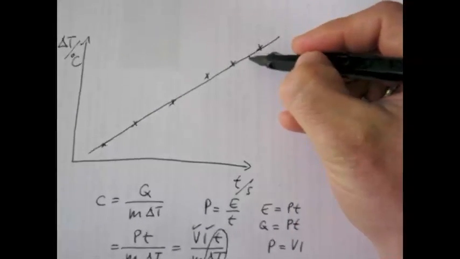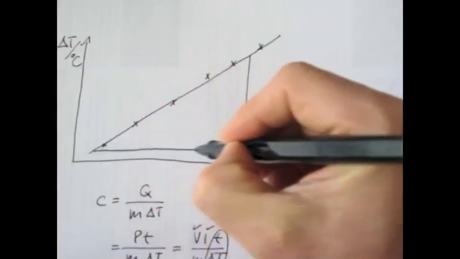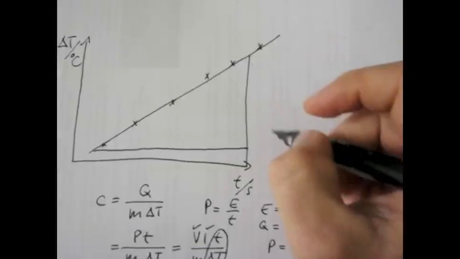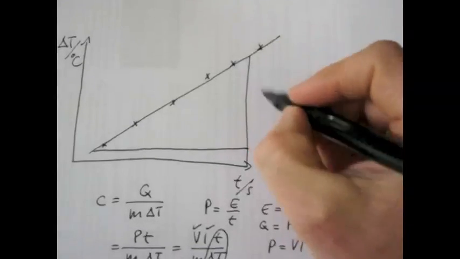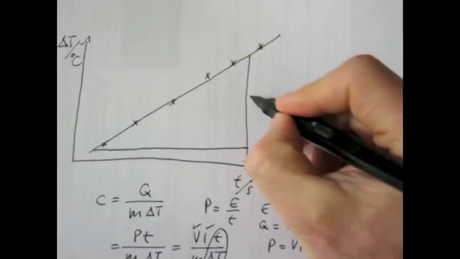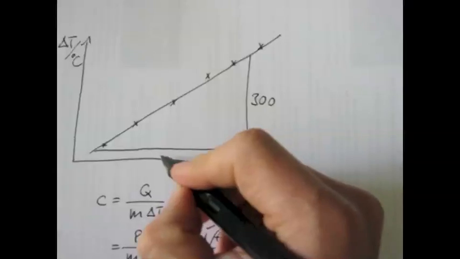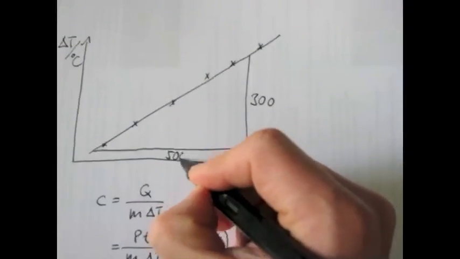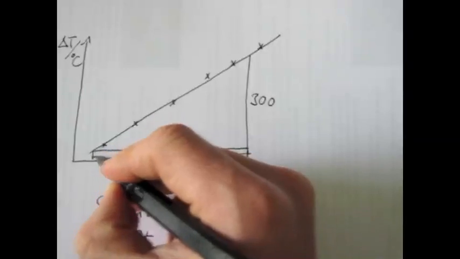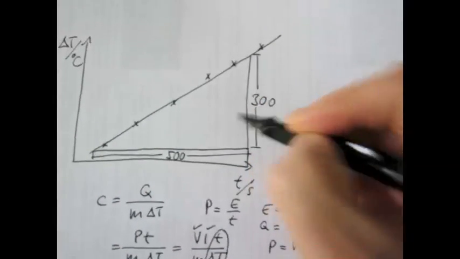So I would do that with the biggest possible triangle here. Say I got this, and I got some value, for example 300 here, and I got 500 for this. So 300 from here till here.